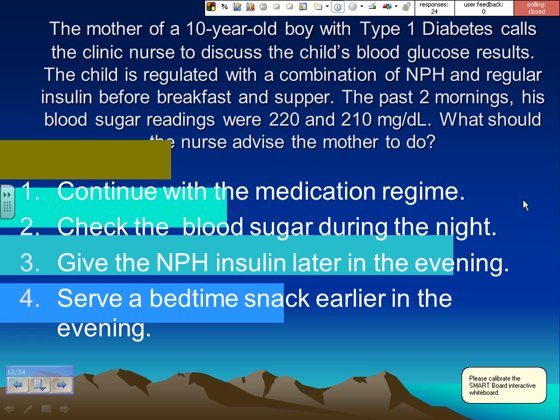But is that the best thing to do? Yes? The way I interpreted that answer was like giving an additional snack. But why would you want to give him an additional snack? Right, you wouldn't want to give it because he's already high. Now, can we do number 3?